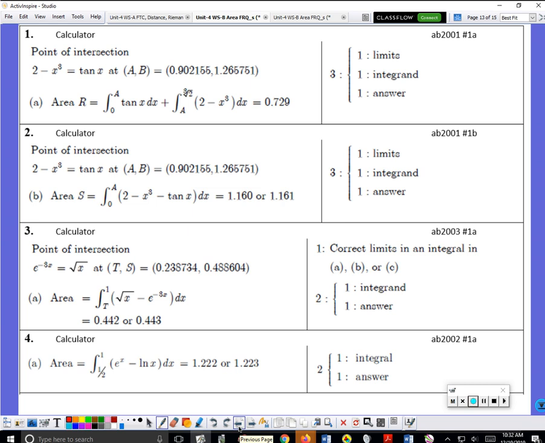So on problem 1, when the test is graded, the grader is going to look at your work and say, are the limits correct? As long as you have this notation and it says 0 to A, they went and found the intersection without a calculator, which is legal but not necessary.